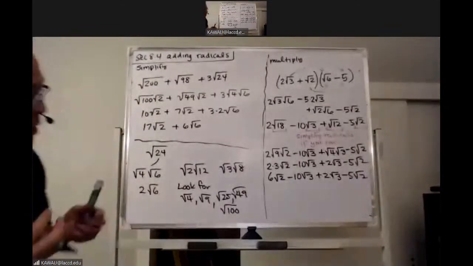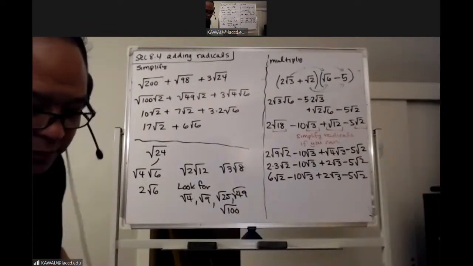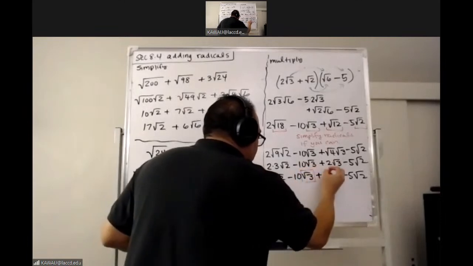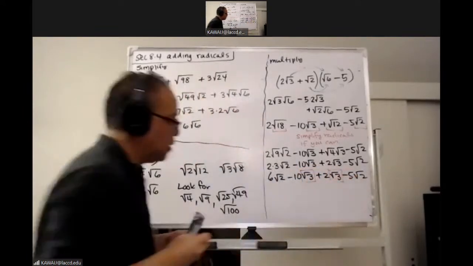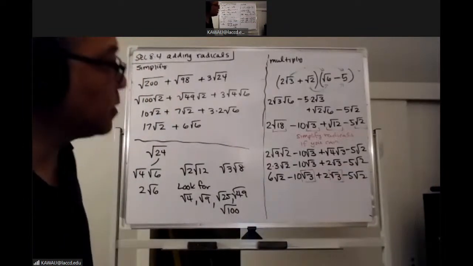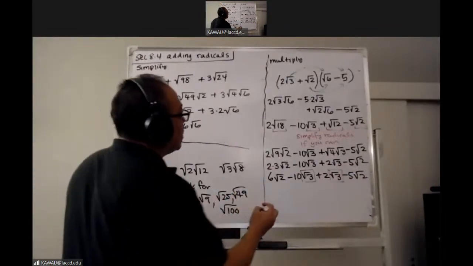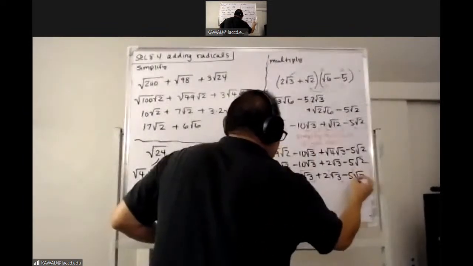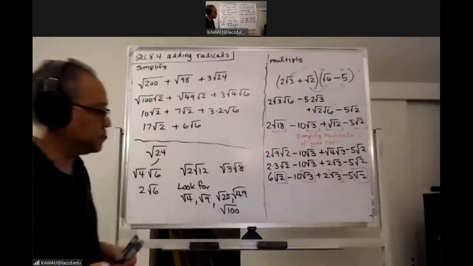So the things that are similar, combine them, right? You can combine this one with this one, and you can combine this one with that one.